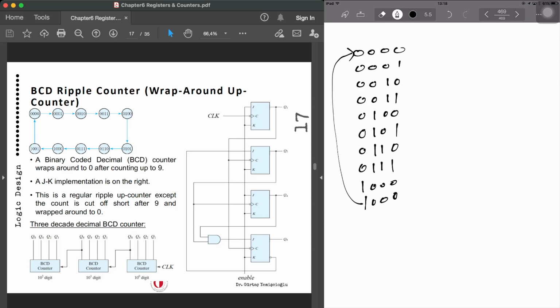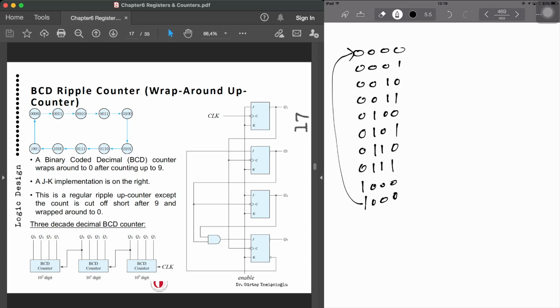Now, the flip-flop associated with the least significant bit is synchronous with the clock input, as we have seen over here. And the rest of the flip-flops change after a number of flip-flop propagations. So this is going to propagate Q2, Q2 is going to propagate Q4 and Q8 and so on. So there's a propagation delay over there.